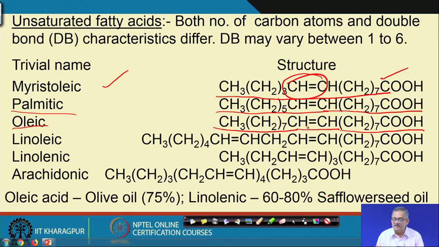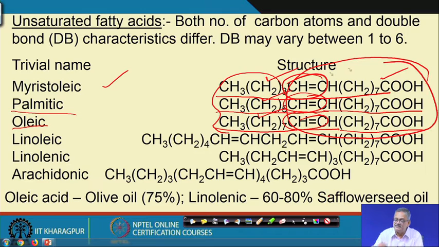Here you see that the double bond is between 9 and 10 in each case, but the numbers on this side are different: CH2 whole 3, whole 5, whole 7. But on the other side all of them have the same configuration.